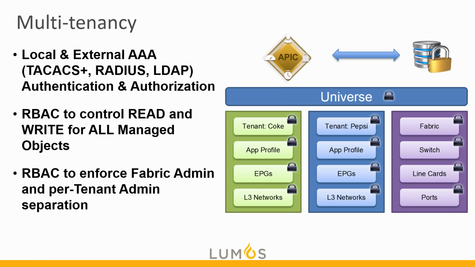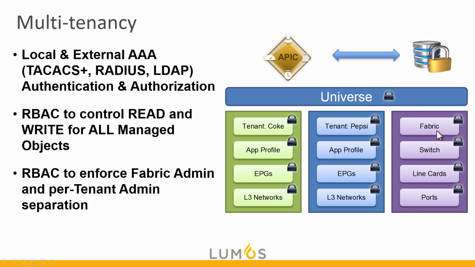Now, ACI was really built around a fundamental concept of multi-tenancy. So at the very top, we have our universe level, or root if you want. We call it uni. And then we have individual tenants, such as here we have an example tenant Coke and tenant Pepsi with their one or probably multiple application profiles, EPGs, one or multiple VRFs, bridge domains, subnets, things like that.